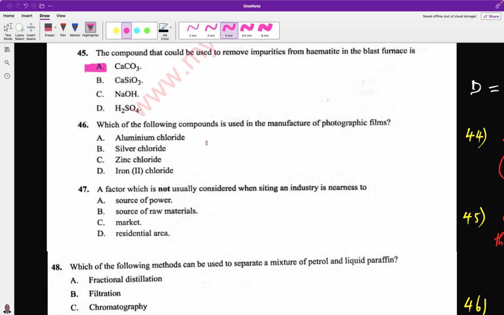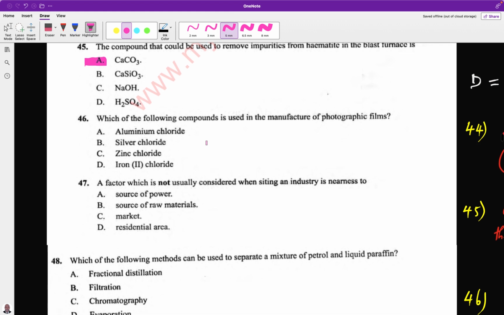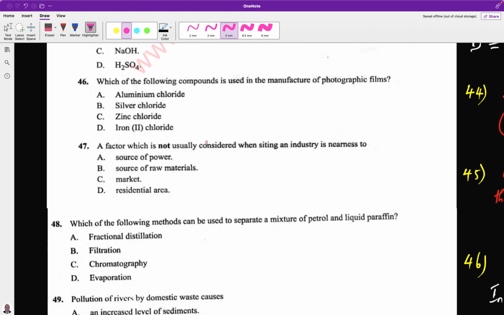Question number 46. Which of the following compounds is used in the manufacture of photographic films? For photographic films, you should know that silver is usually needed.